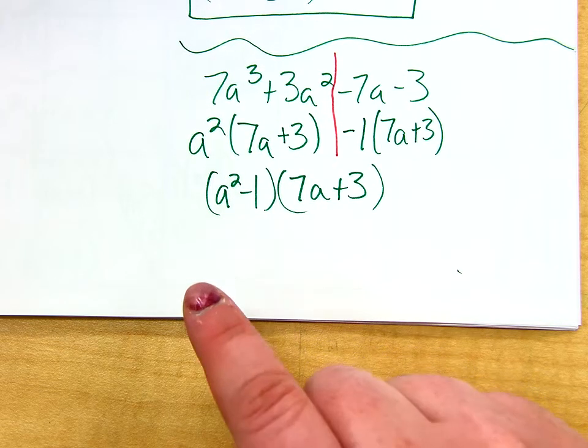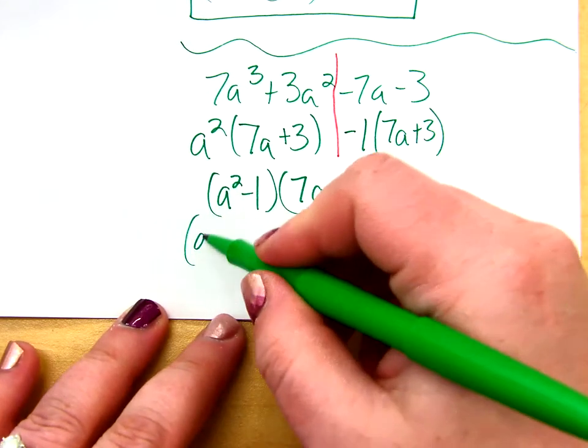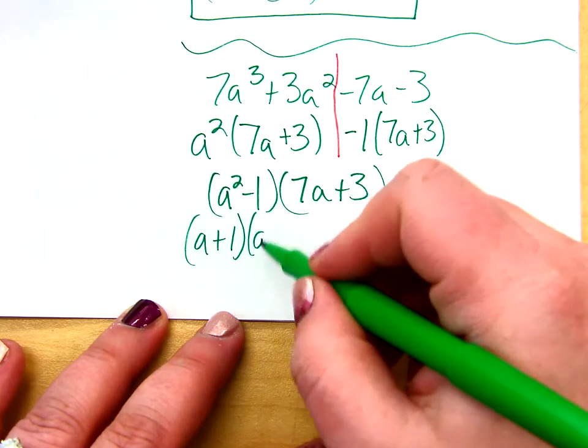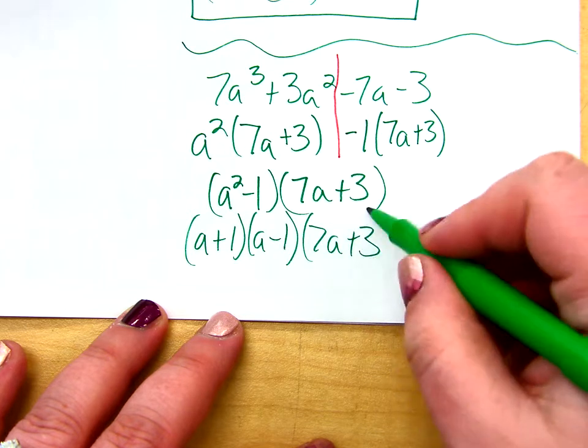Because the square root of 1 is 1. 0 is a perfect square too, but 1's a perfect square. And then so is 4, 9, 16, and so on. But you can't forget about 1. 1 times 1 is 1. So that splits into a plus 1, a minus 1. And then I just bring down the 7a plus 3.